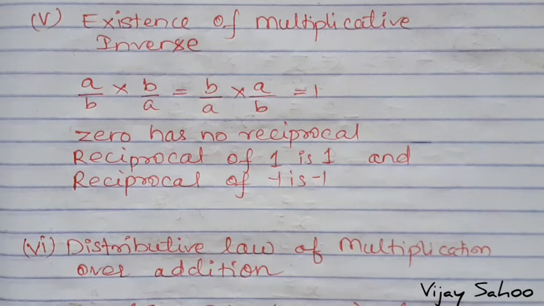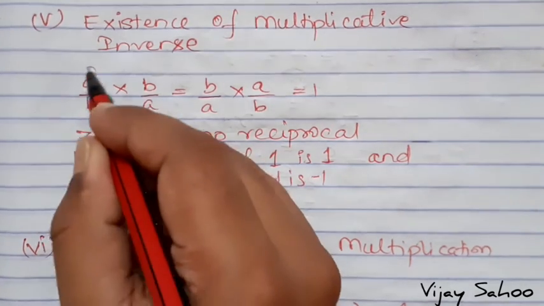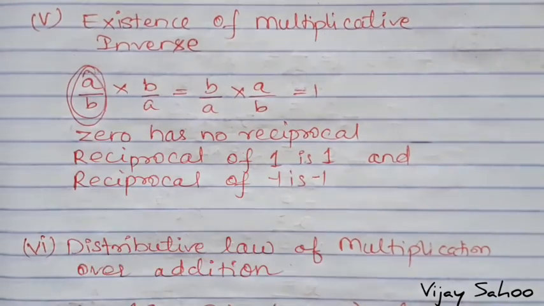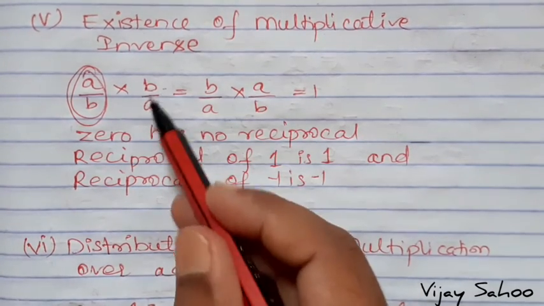Existence of multiplicative inverse. Every non-zero rational number a by b, let us take any rational number except 0, has its multiplicative inverse. Multiplicative inverse means what? If I take a rational number a by b, then its multiplicative inverse will be b by a.